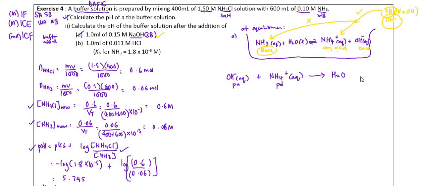So losing one H, it will become NH3. All the phases are aqueous except your H2O. This is the equation that you need to write.